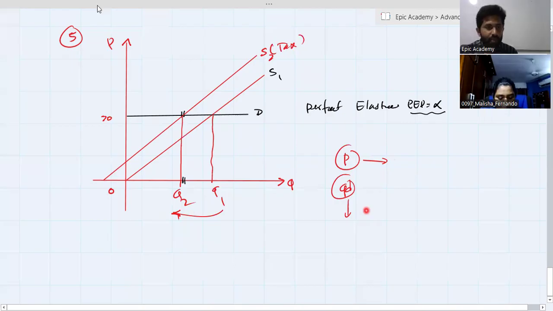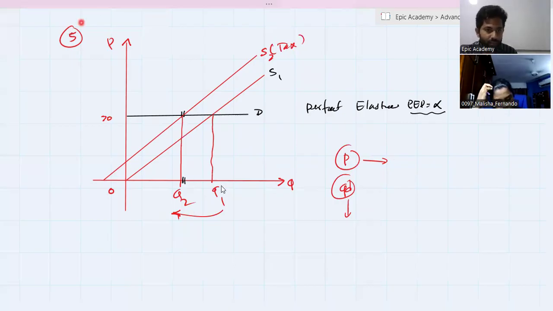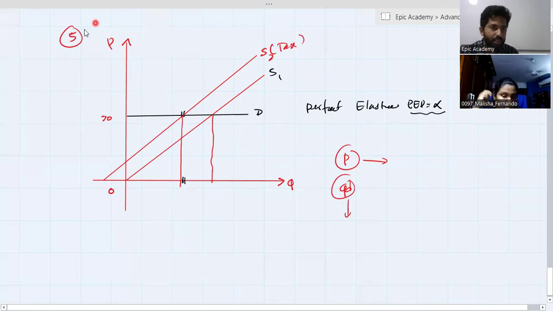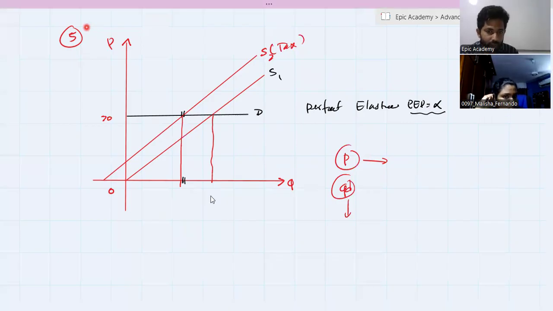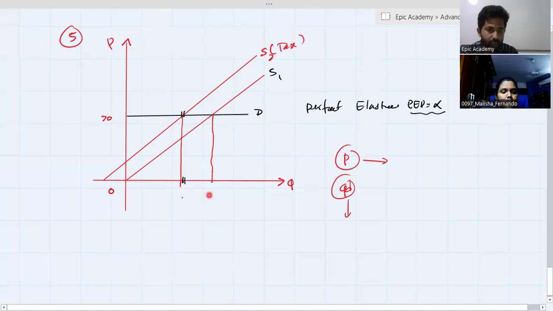Just as an example, I will describe that using numbers. Consider this: the price was 20 rupees and the quantity was 200. Then 4,000 is the income of the producer or seller.